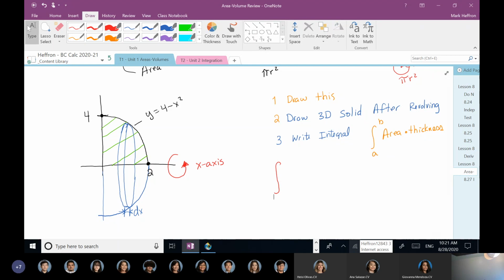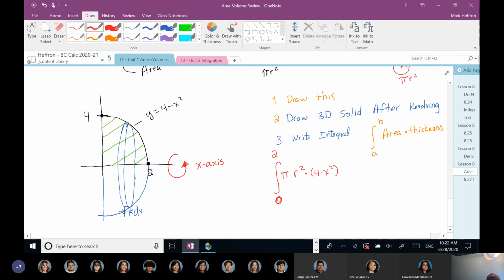So what I have is the integral from 4 to 2, or from 0 to 2, I mean. Pi r squared times 4 minus x squared. That's my guess so far. Okay. You've got all the right stuff there and maybe a few extra things. And then there's one thing you are missing.